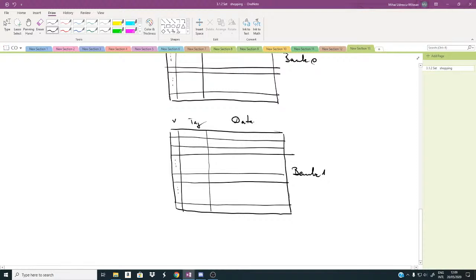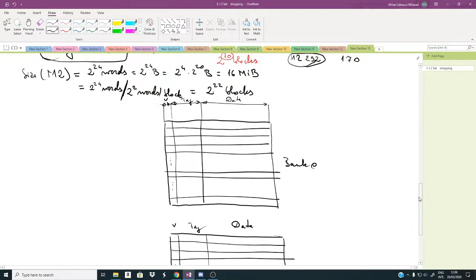So we are talking about the same address word. The size of the main memory is the same.